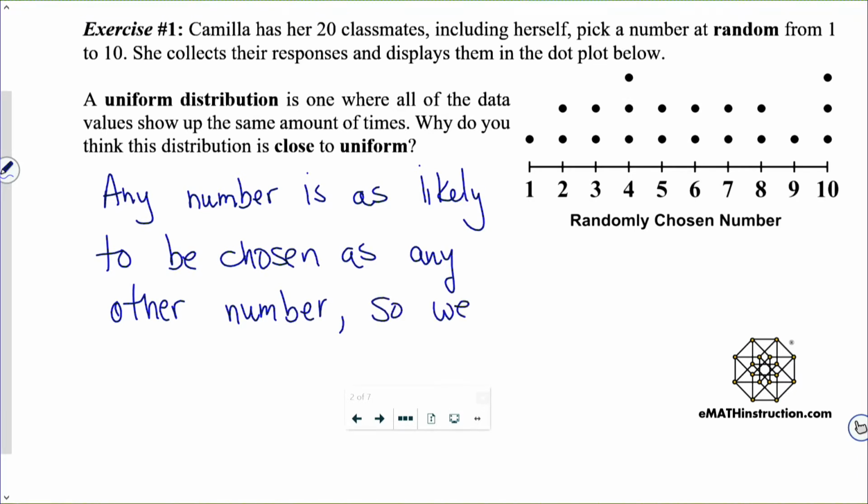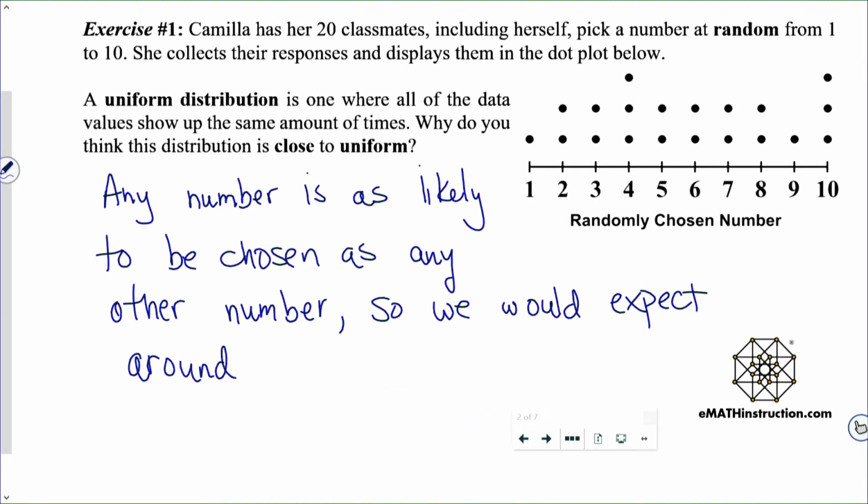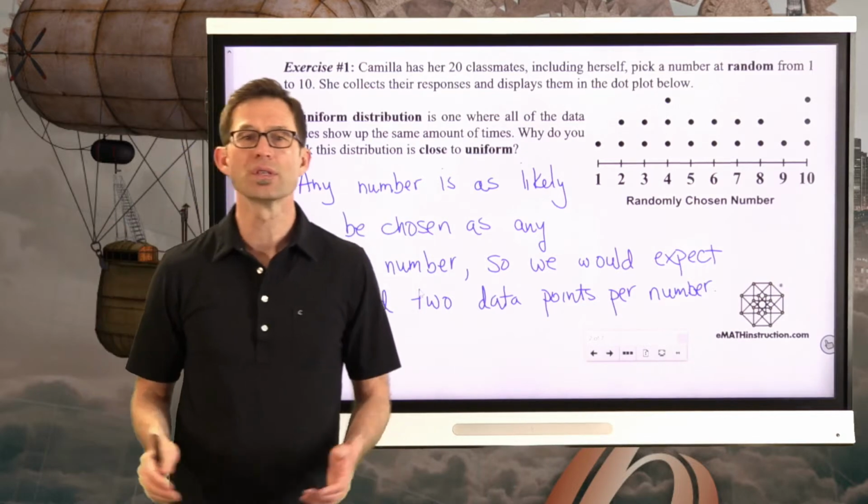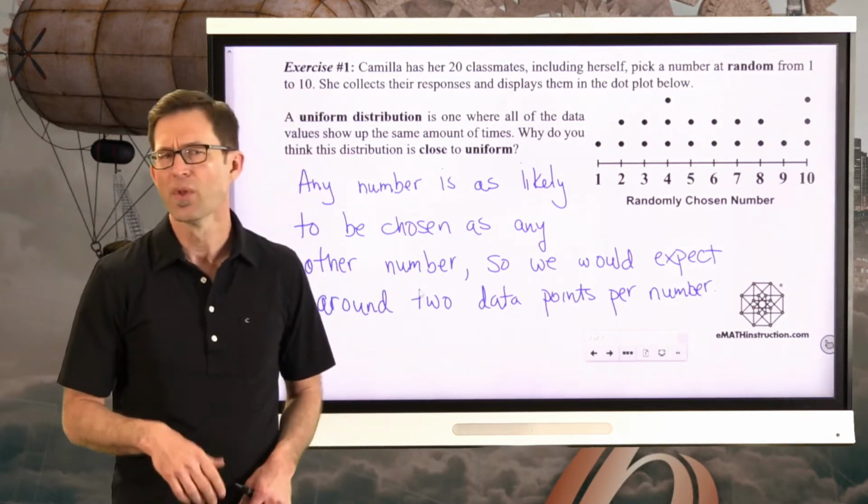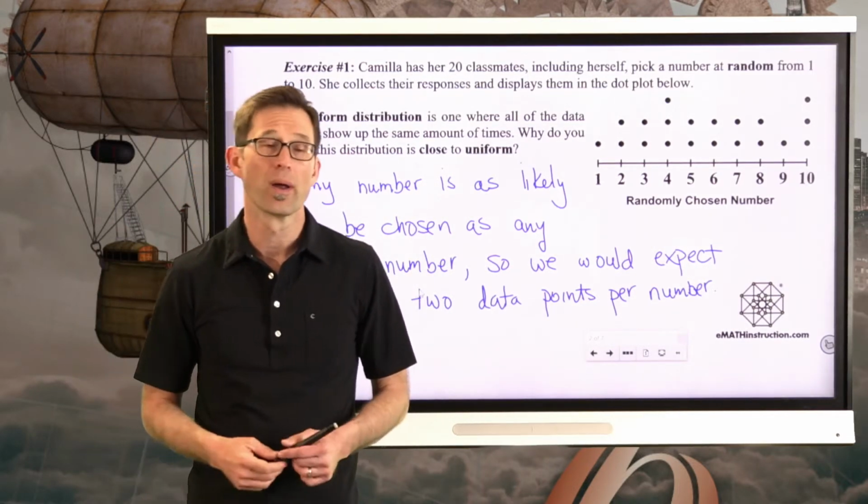So we would expect around 2 data points per number. Given that we have 10 numbers that they could have chosen and there were 20 people choosing, we would expect around 2 per number.